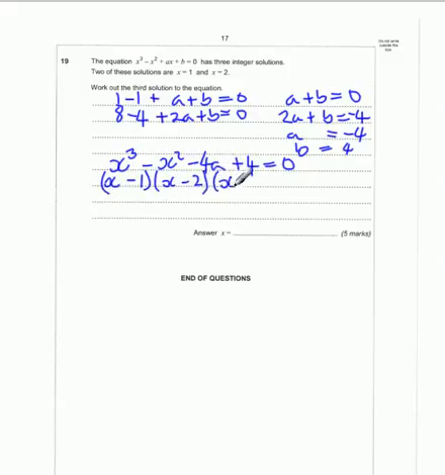And then what we're trying to work out is that third value in the brackets. It's going to factorize into 3 brackets because it's a cubic. We've taken the negatives here because these are the factorized brackets rather than the solution, so they're going to be negatives here. Then we need to think about what this expands to and how we can get it to expand to the above here. Sorry, that should be an x there.